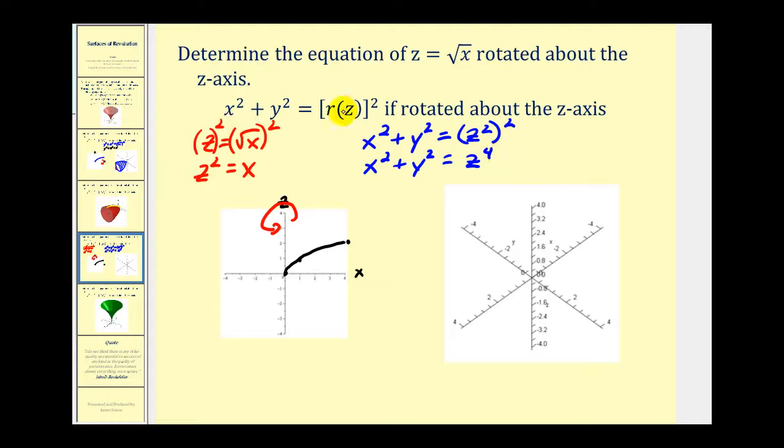So you do have to be careful to make sure that you have the equation given solved for the correct variable. This has to be a function in terms of z, meaning we have to solve this for x so that we have a function in terms of z.